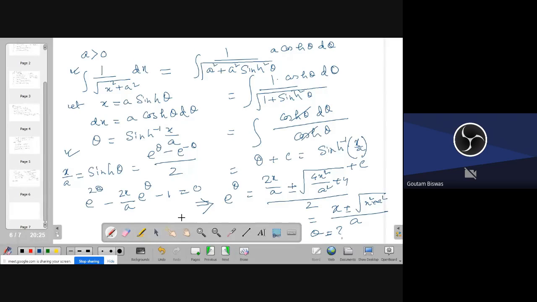You will get theta is equal to ln (x plus root over x square plus a square). So there will be two types of answers.